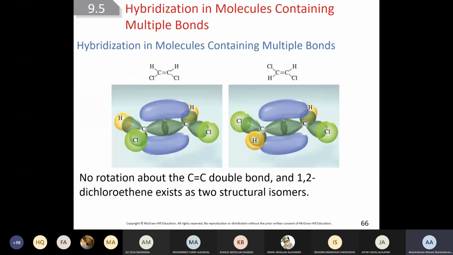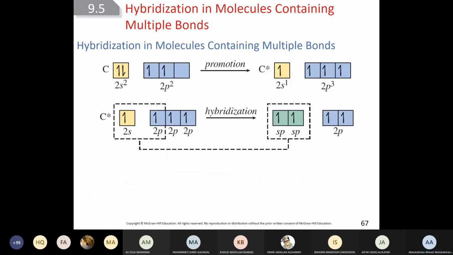Okay. Next, we're going to talk about this compound, again C1 and C2.